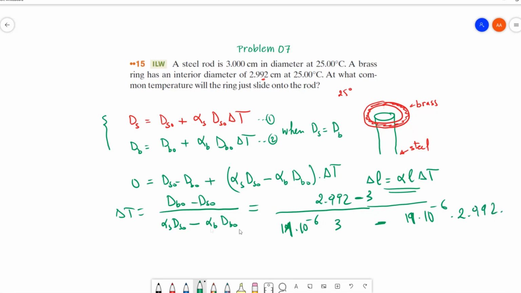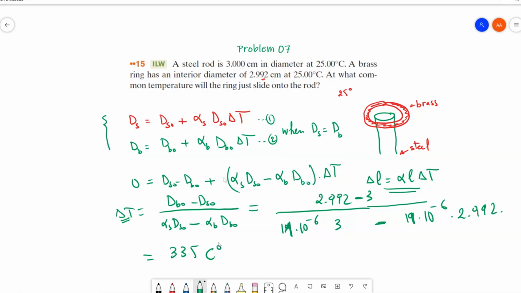So it's just numerical application, and here we will find delta T, which is 335 degrees. Since it is a difference of temperature, it doesn't matter here if you say Kelvin or degree. A difference is always the same, but the temperature is not the same, but the difference, no problem.